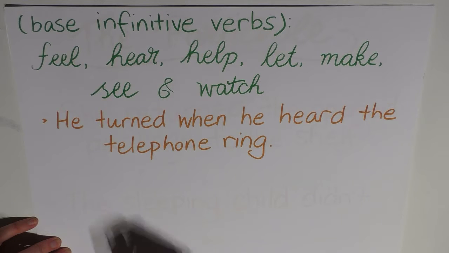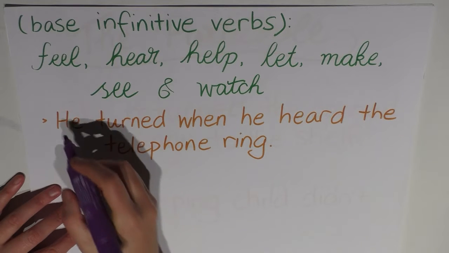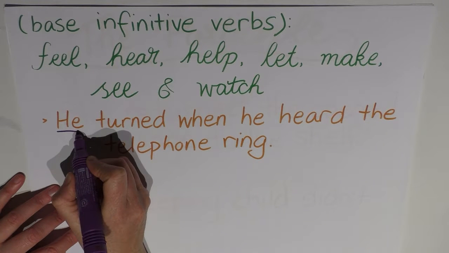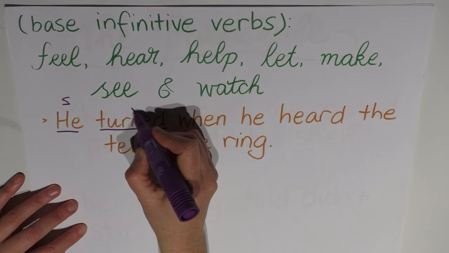So let's have a look at the example I've provided here. He turned when he heard the telephone ring. Now let's break down this sentence and have a look at it. We've got he is the subject and turned is the verb.